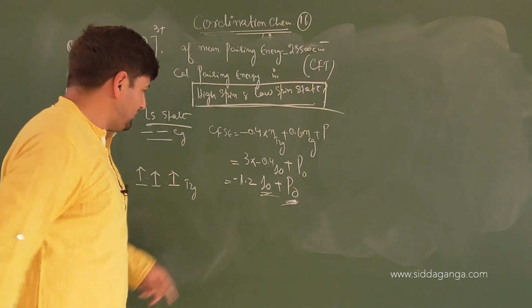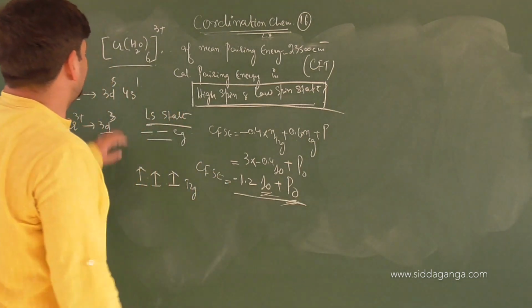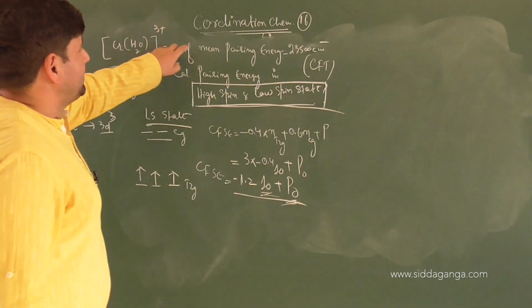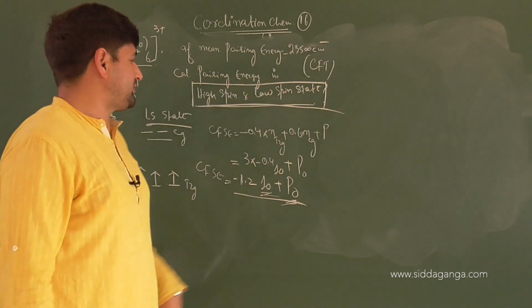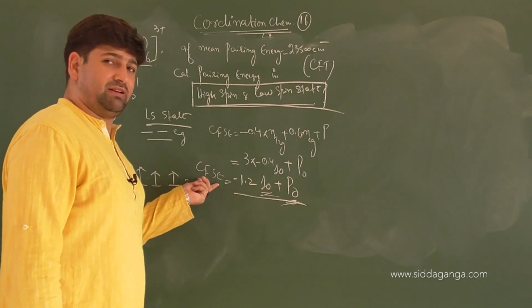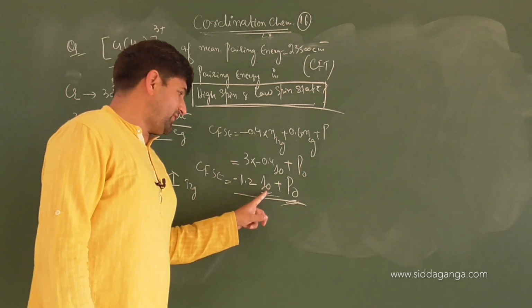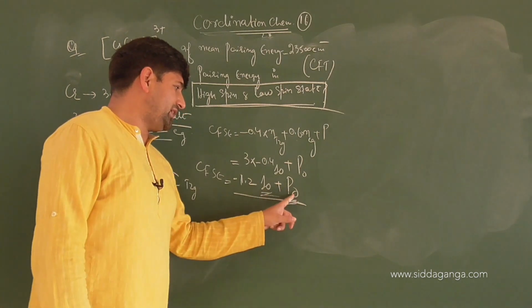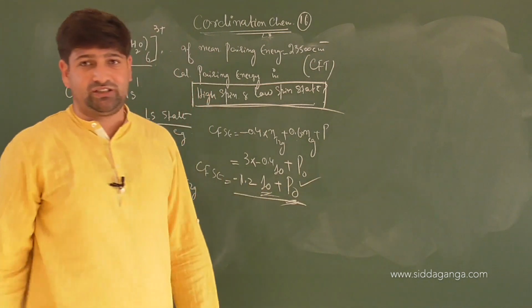So with the help of this, you will be in a position to calculate crystal field splitting energy for the complex. So Cr H2O 6 3 plus, if mean pairing energy is given to you, calculate pairing energy in high spin and low spin states. So crystal field splitting energy will be given to you, alright? It is crystal field stabilization energy. If crystal field splitting energy is given to you, you will be in a position to calculate pairing energy with ease. Am I clear? So this is the basic discussion that we are reaching.